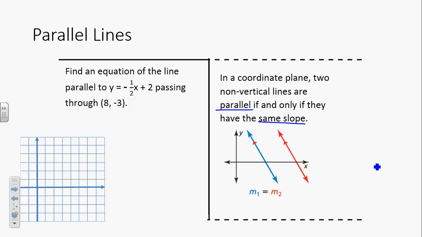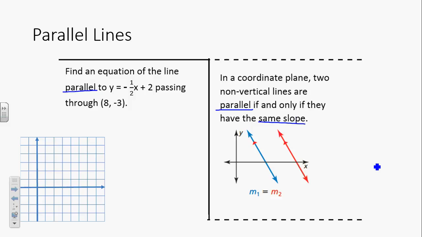Okay, so first of all, parallel to is important. Okay, what form of an equation is this one? Y equals something x plus something, right? So y is all by itself. It's in, oh, not standard.